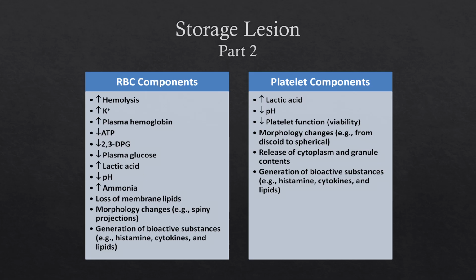You're going to get a decrease in pH, an increase in potassium. Free hemoglobin will increase. Just be mindful of these changes, and think about what's going on during storage. And a lot of these will make sense.